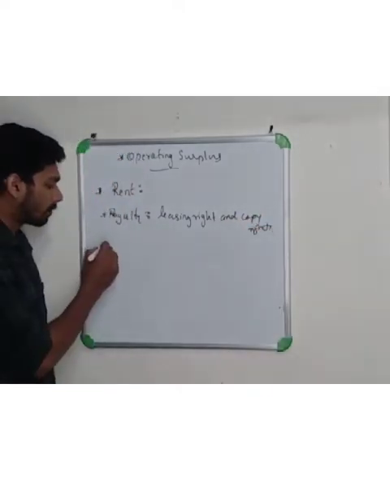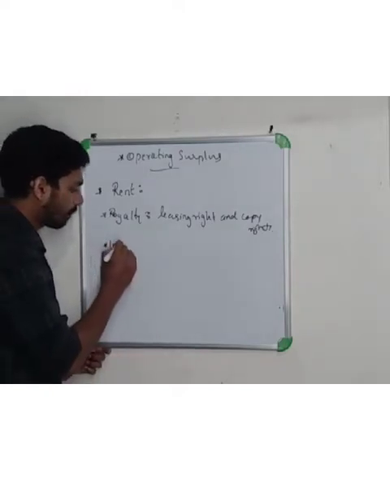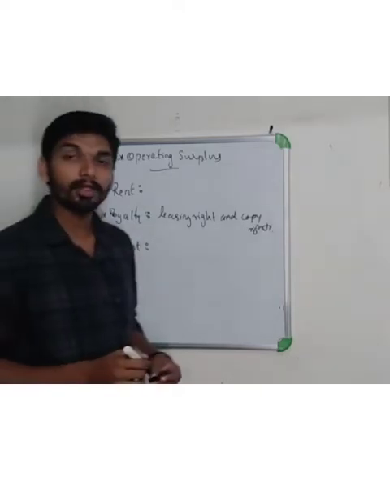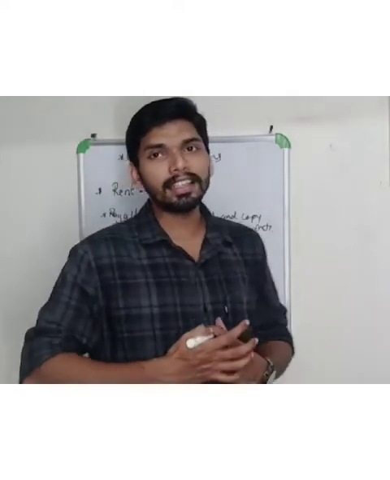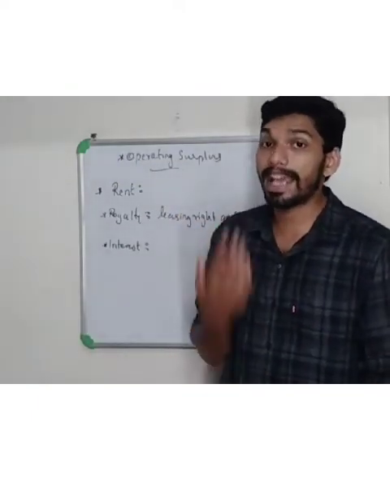Now the third one is the interest. So what do you mean by the term interest? As you all know, interest is a factor income that is generated from capital.